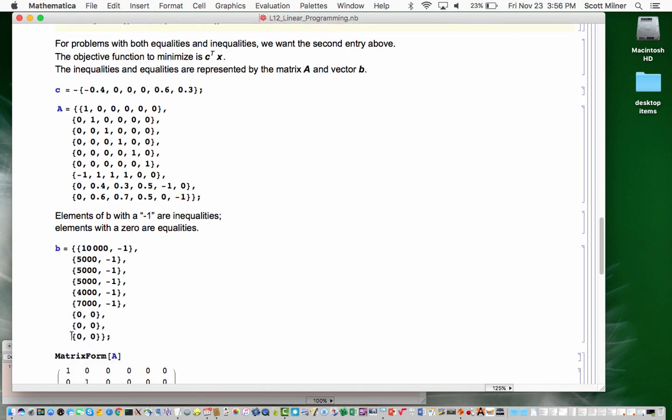And this corresponding element in the B list is the 0 that it's equal to and a 0 that says this is an equality, not an inequality. So study this example carefully because this is how you translate the linear programming problem into Mathematica.